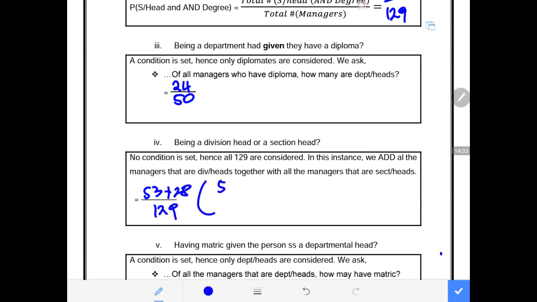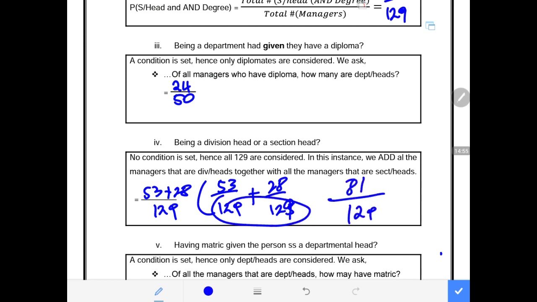Remember, this is 53 divided by 129 plus 28 divided by 129. So what do we do? We take the base and we keep the indices. It's 129 to the power 81.